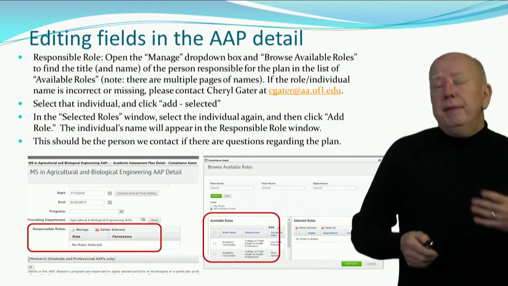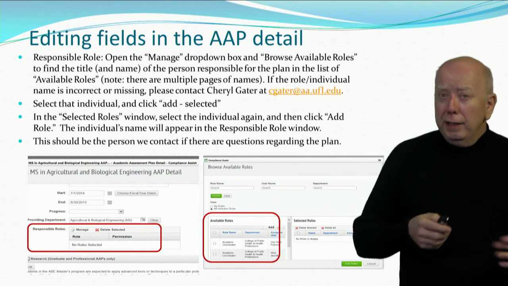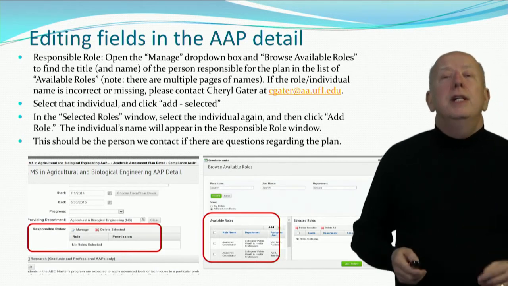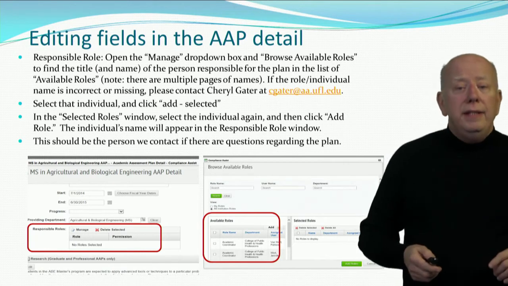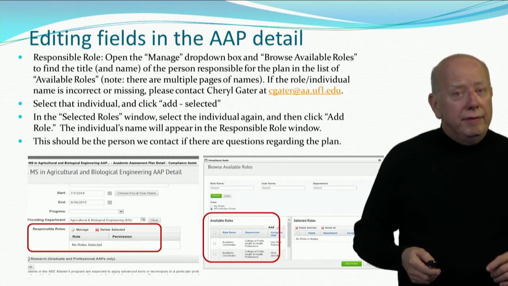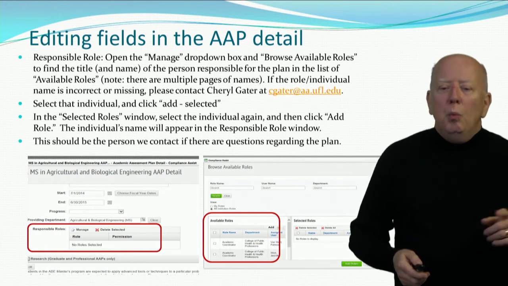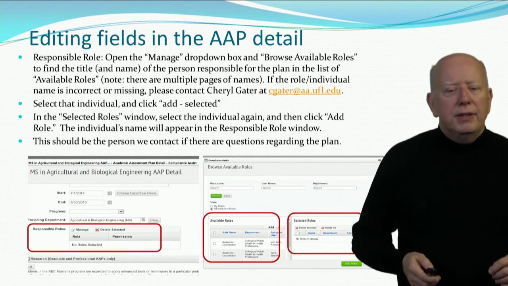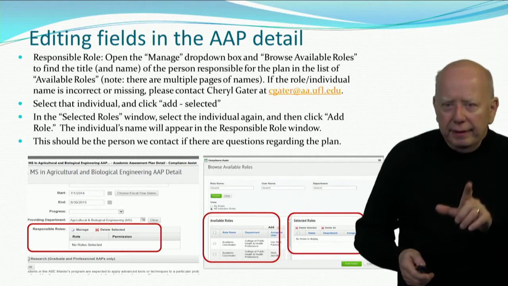If you find that the role or the individual you need to enter is missing, you need to contact Cheryl Gator, our Director of SACSCOC Accreditation, at cgator@aa.ufl.edu, and she'll see that that gets added. If you find the individual, you're going to select that individual and click Add Selected.